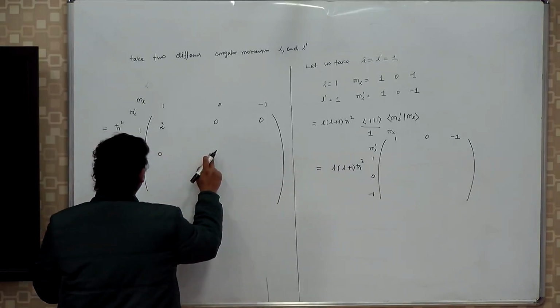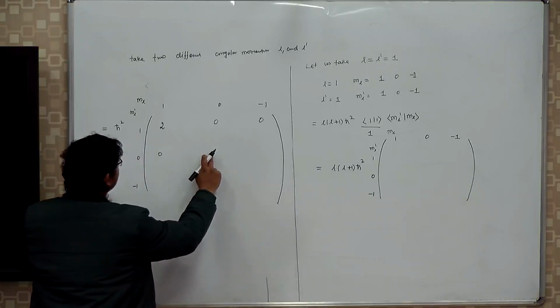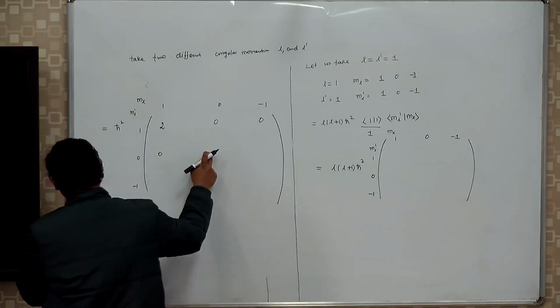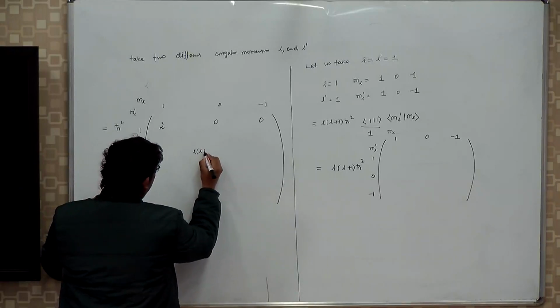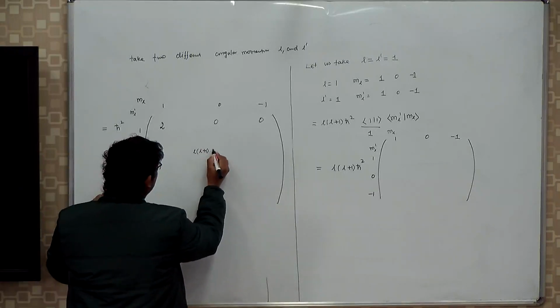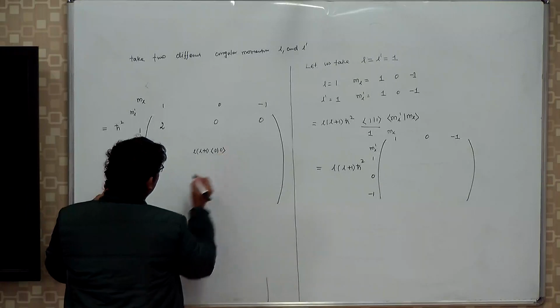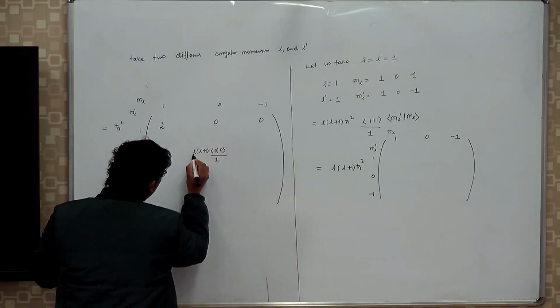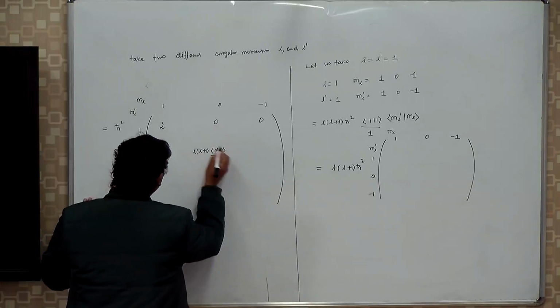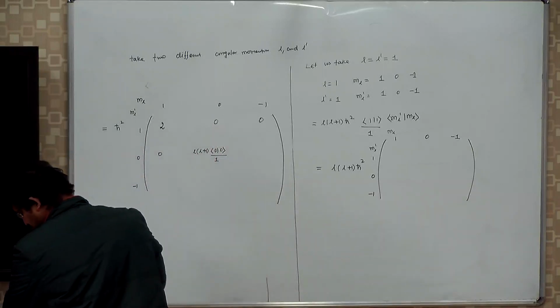And when you come here, L plus 1, 0 and 0, this value will be 1 but the value of L is 0, so the entire value will be 0.